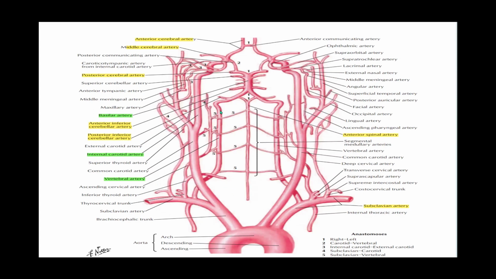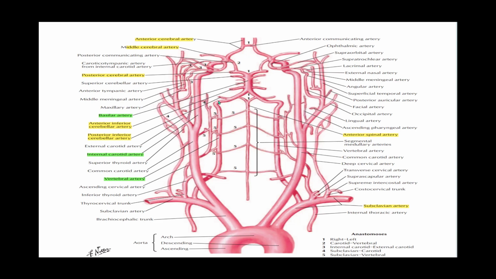So that's our basilar artery. We can see our right and left vertebral arteries. So we can see that the vertebral artery actually comes from the subclavian artery. So we've got our right vertebral artery, which will run through the transverse processes of the cervical vertebral bones, and eventually emerge into the intracranial cavity.